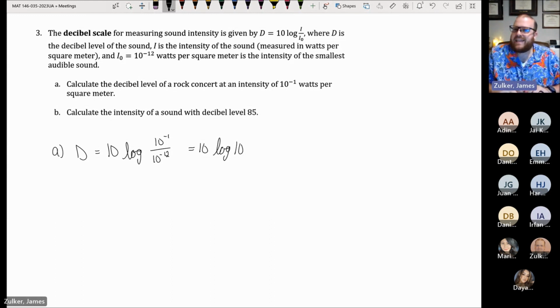It is not negative 11. It would be positive 11, right? It's negative 1 plus 12.